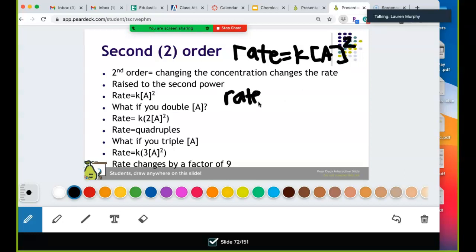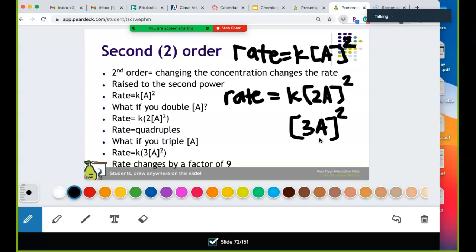So I have some rate with a concentration, and then let's say I double the concentration of that substance in a different experiment. Well, if it's second order, what happens? What's 2 squared? 4. So the rate would change by a factor of 4. What happens if I triple the concentration and it's second order? Triple the concentration. The rate would change by a factor of 9.